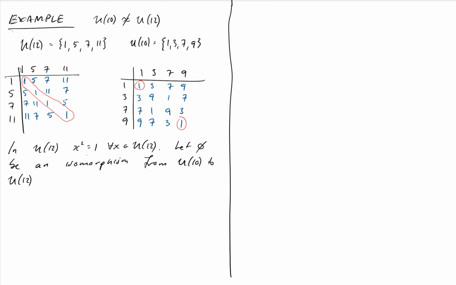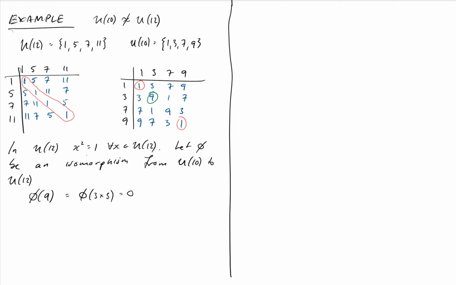And we're going to take advantage of this everything-squared-equals-1 idea to show that this is not going to work. In particular, I'm going to show that phi of 9, and 9 is equal to 3 squared. You notice in this group here, 9 is equal to 3 squared. So this is where I'm going to make it break. So that's equal to phi of 3 times, I'll just do it in 2 steps, 3 squared. Happy with that?